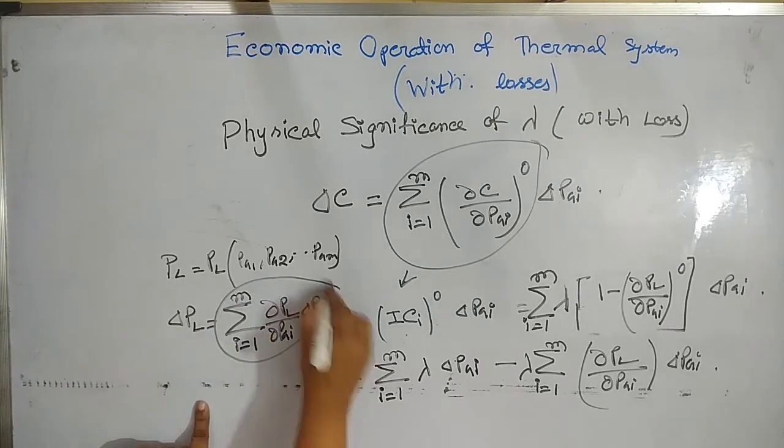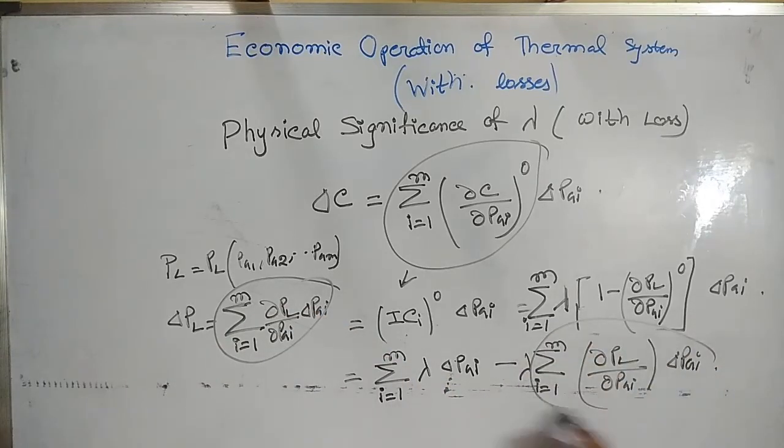This term is the same as the earlier term, so we can write delta PL in its place: the summation of lambda delta PGI minus lambda into delta PL.